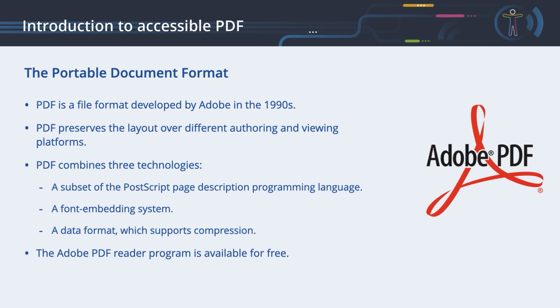PDF combines three technologies: a subset of the PostScript page description programming language for generating the layout and graphics, a font embedding system to allow fonts to travel with the documents, and a data format which supports compression to bundle all page elements and any associated content into a single file.